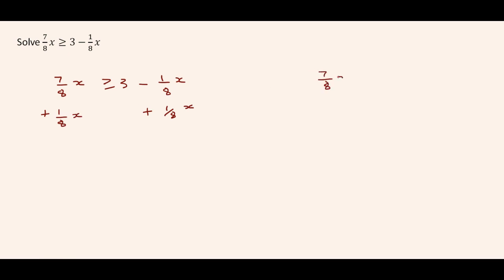So 7 over 8x plus 1 over 8x gives us 8 over 8x, which is 1x, but in algebra we just like to write it as x. So that means that x is greater than or equal to 3.